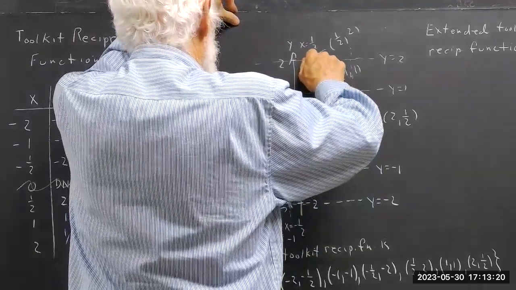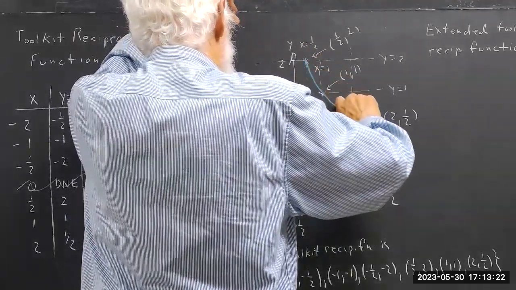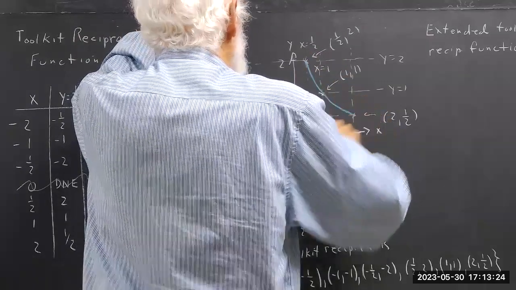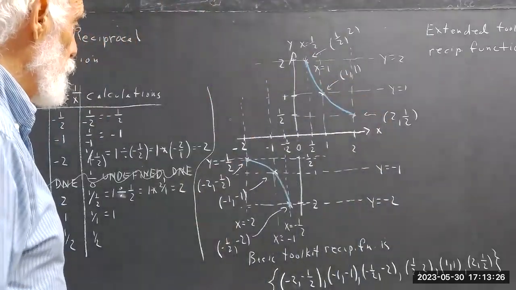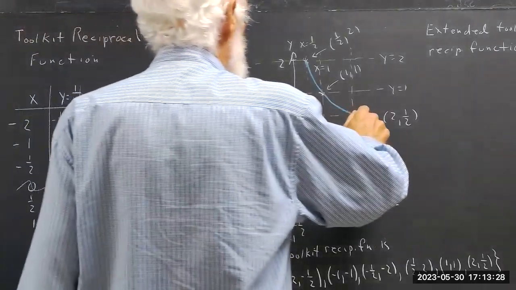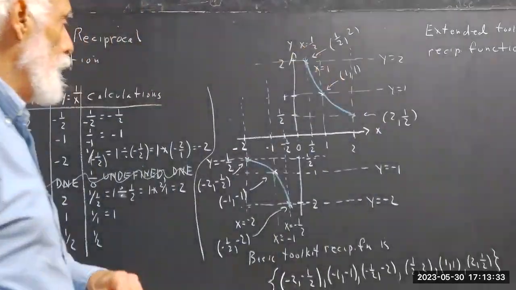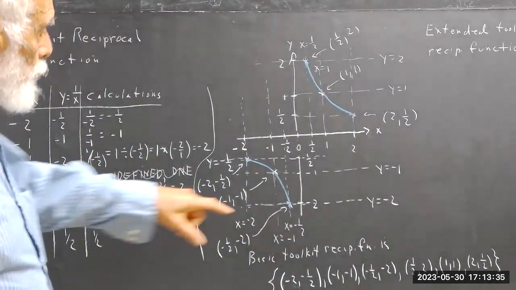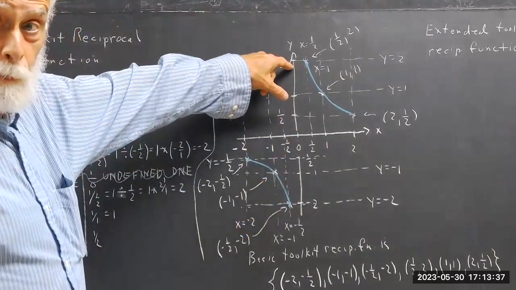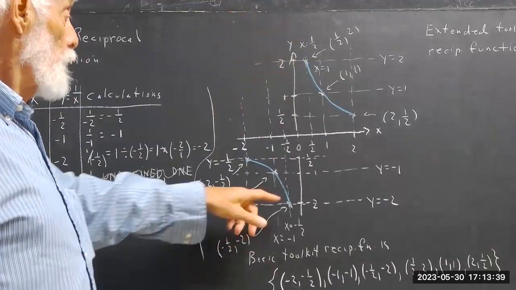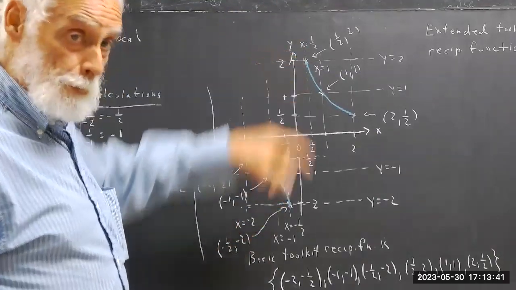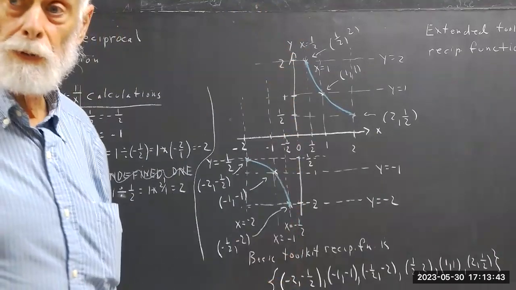And we can get a nice smooth curve with a dot at each end point. We don't want to try to connect this point to this point. If we were to connect this point to this point, we would have to go through the y-axis.